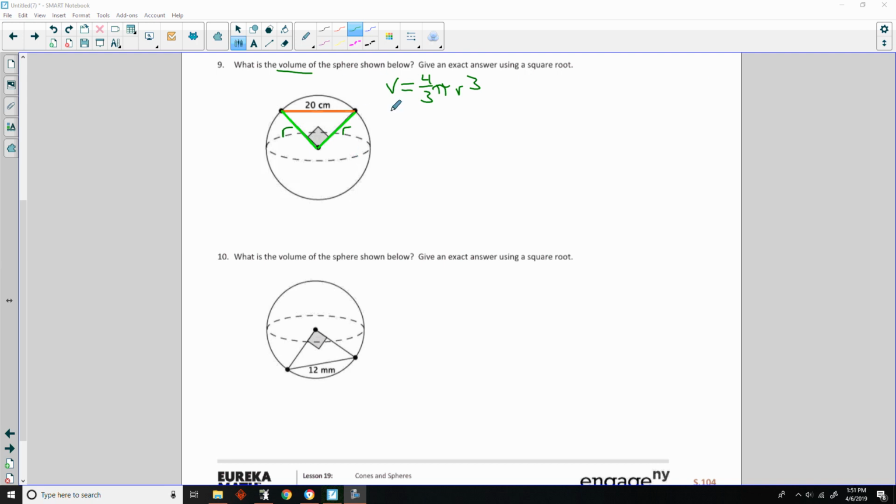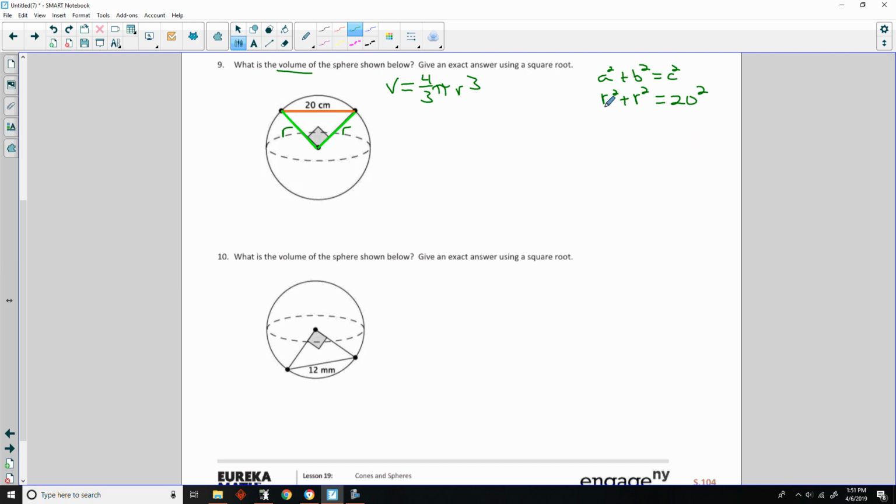So what do I need to know to solve this? A radius. Do I know the radius? Not at the moment. Can I find it? Yes. So I'm just going to let this sit here for a minute. Then off to the side here, I'm going to do the Pythagorean theorem. a squared plus b squared equals c squared. a is r. We don't know it. So the radius squared plus the radius squared equals 20 squared.